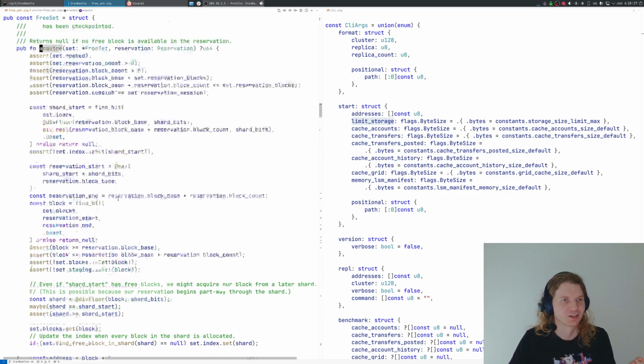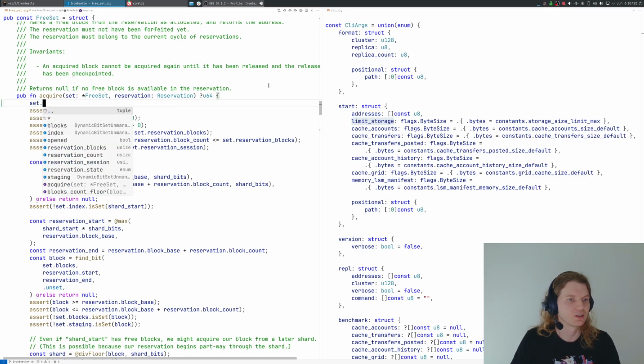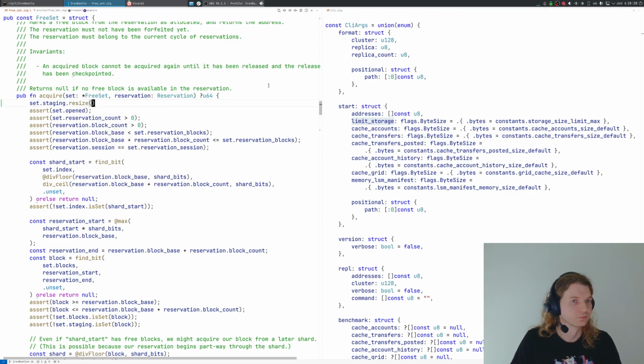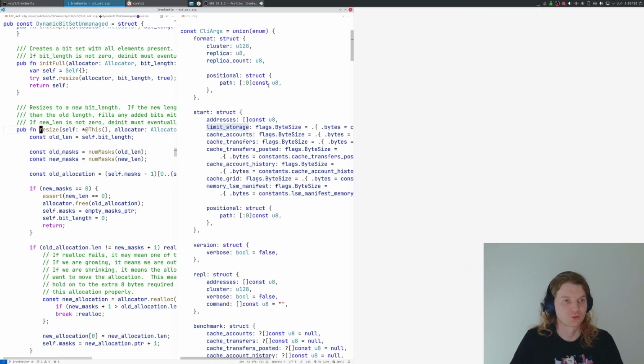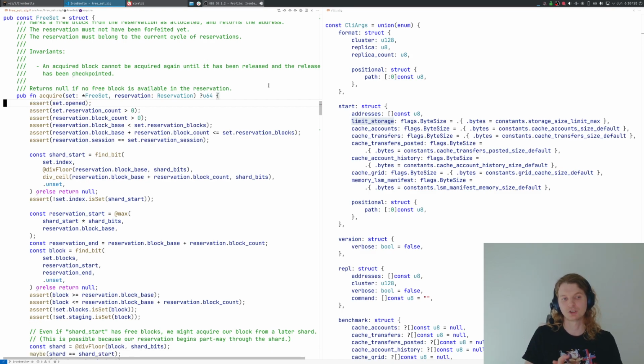This is a cool thing about the Zig API. For example, there is an API for resizing a dynamic bit set, which takes an allocator and shrinks or grows your bit set. But because we don't pass an allocator here, we don't get to call this API. We only stick to the non-allocating subset of the bit set API.